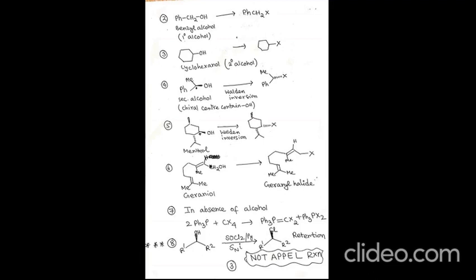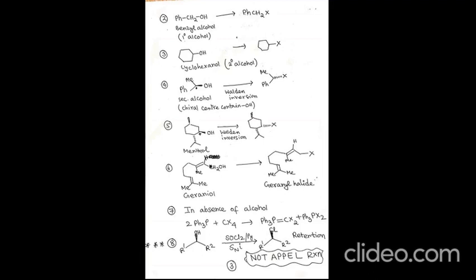Now this example shows that the Appel reaction can be applied to natural products also. So now see, it can be applied to menthol as well as geraniol, where menthol contains a secondary alcohol. With inversion of configuration, Walden inversion happens and the halide comes to the opposite side and we get the menthyl halide.